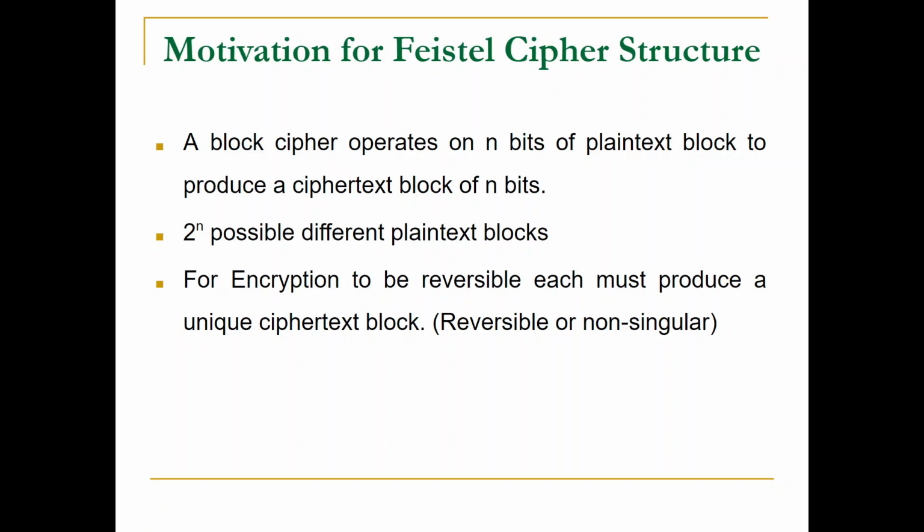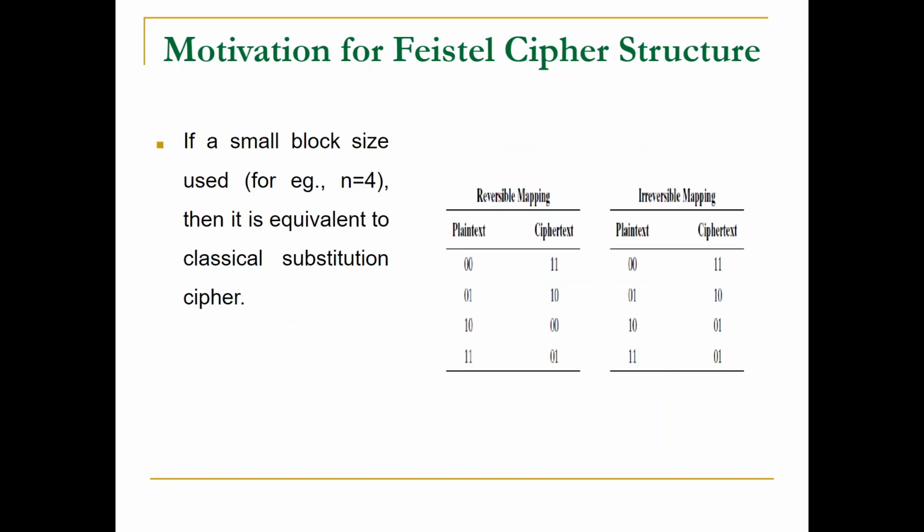It means that we need decryption to recover the plaintext. That is the meaning of this point: reversible or non-singular. Here you can see in the diagram, there is reversible mapping and irreversible mapping.